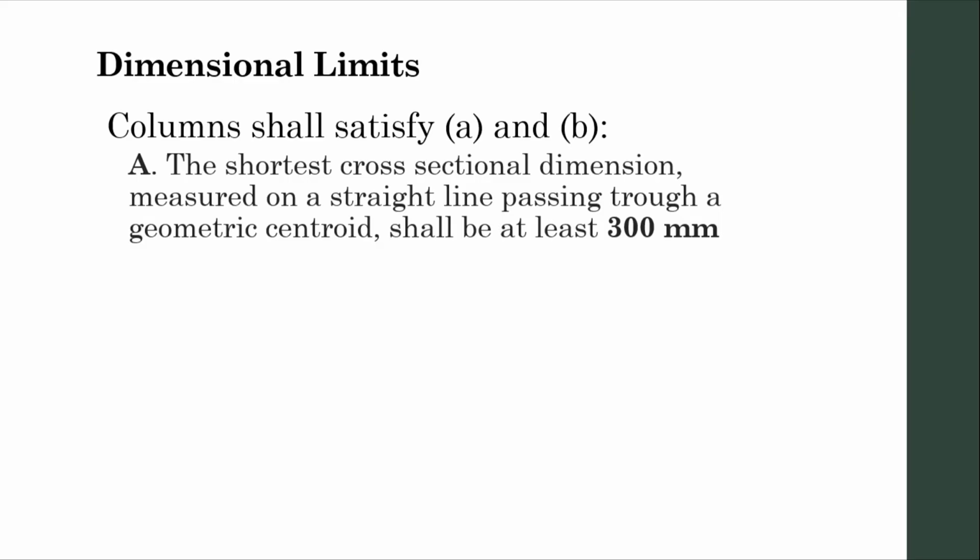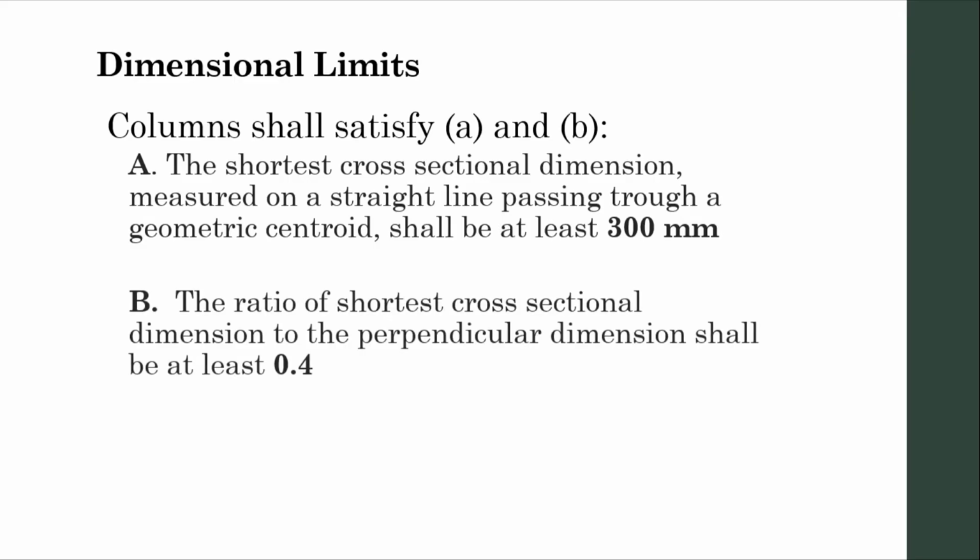Dapat ang shortest dimension ng ating column to be earthquake resistant or to be passing dun sa seismic detailing shall be at least 300 mm. Then, the ratio of the shortest cross-sectional dimension to the perpendicular dimension shall be at least 0.4. So, the ratio of the smallest to the largest cross-sectional dimension shall be at least 0.4.